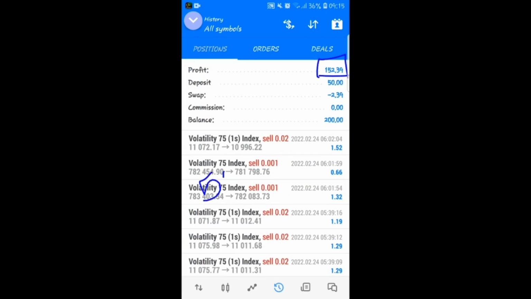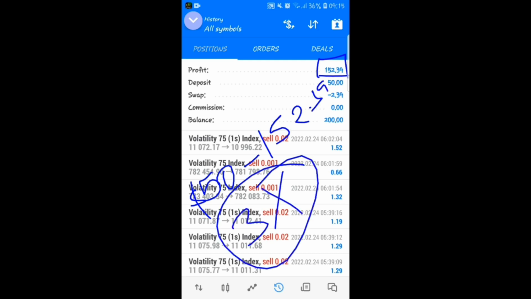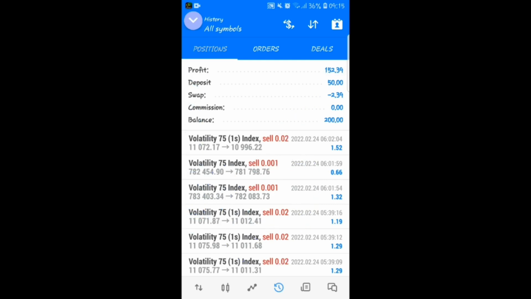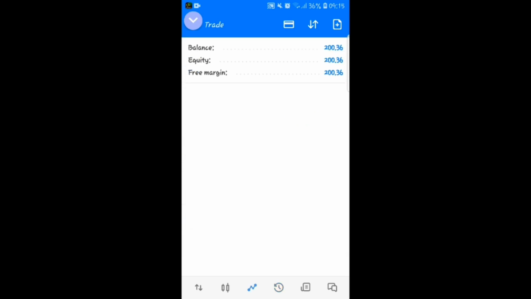152.39. So I've grown this account from $50 to 152.39. That's actually three times the account. So I told myself that if I go here, you can see now that the account is at 200.